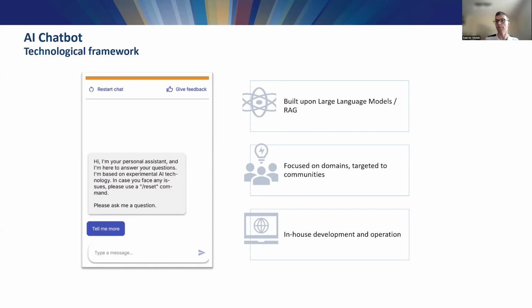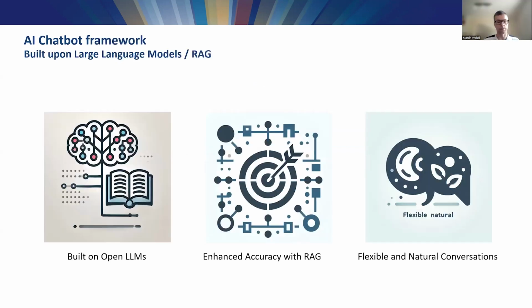So in the next couple of slides, I will try to delve into the details and bring you some important information about three of these key features of this framework. So first of all, the solution is built on open large language models. Currently, it's Meta's Llama.